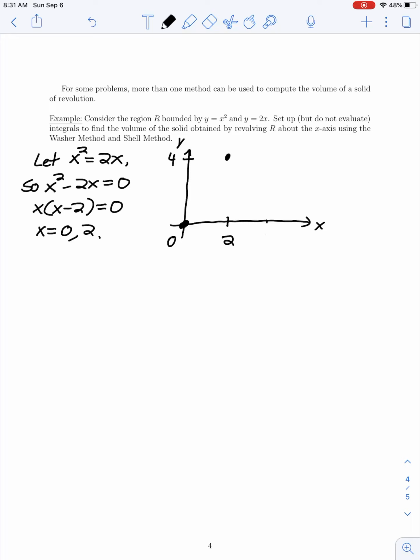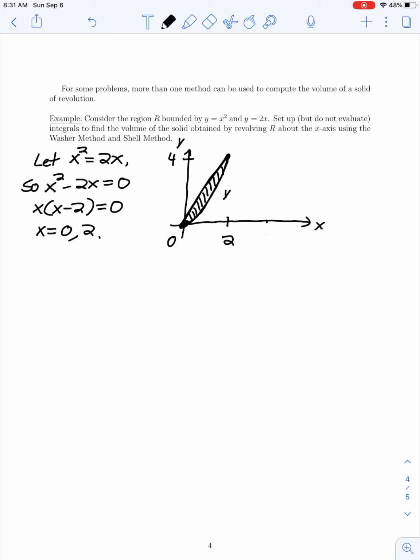So the two curves that we had were y equals x squared, this parabola opening upward, passing through these 2 points, and then y equals 2x, which would be the line passing through those 2 points.